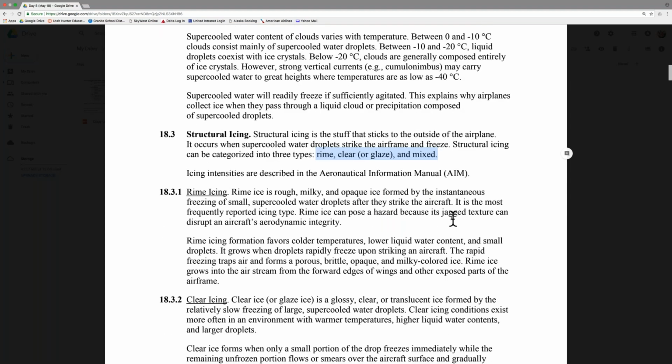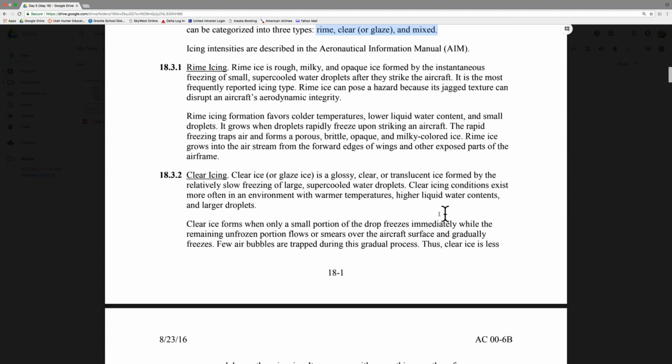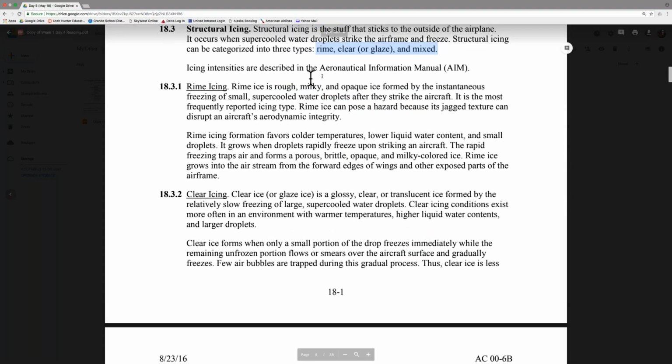Okay, so rime icing. Rime ice is rough, milky, opaque ice formed by instantaneous freezing of small supercooled water droplets as they strike the aircraft. Like it says, it's the most frequently reported icing type.